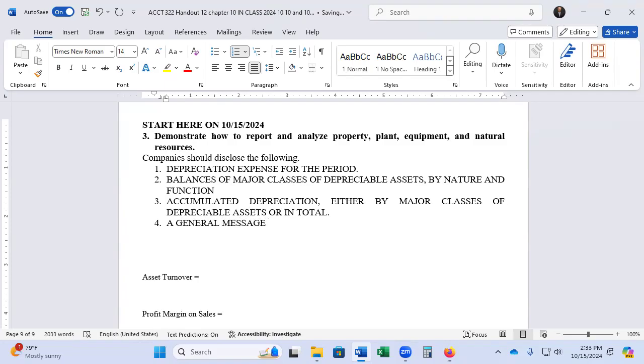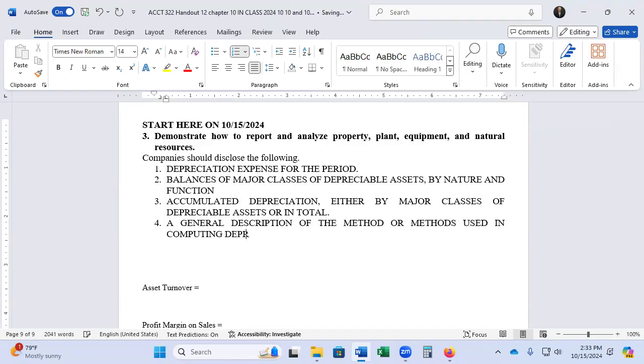A general description of the method or methods used in computing depreciation for the major classes. I'll give you guys a minute to write that, catch up.